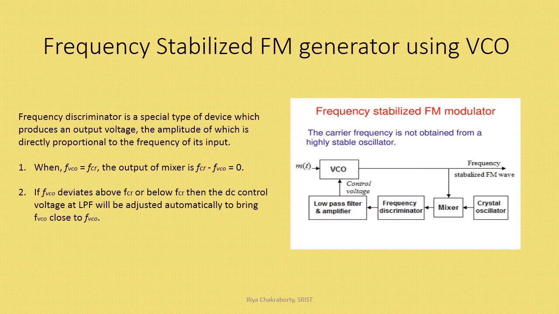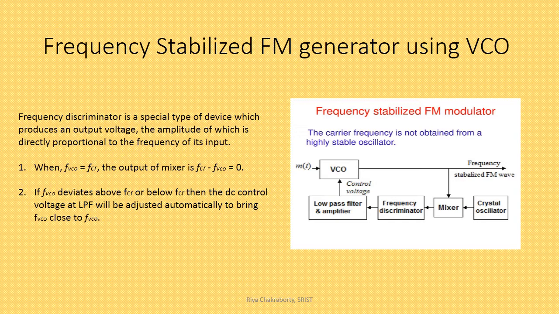The low pass filter that follows the frequency discriminator will eliminate the ripple contents in the output of the frequency discriminator. Why? To produce a ripple free control voltage at its output.